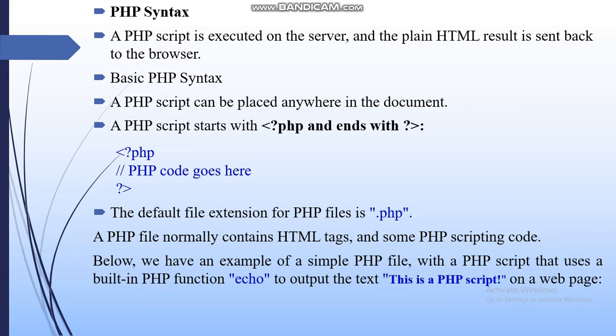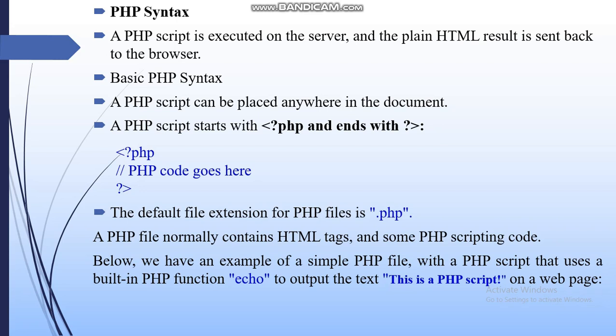So, what is the syntax of PHP? A PHP script is executed on the server, and we just saw which server we require to execute PHP scripts. We have to install the XAMPP server, and we are downloading it. After downloading completes, we have to install it.